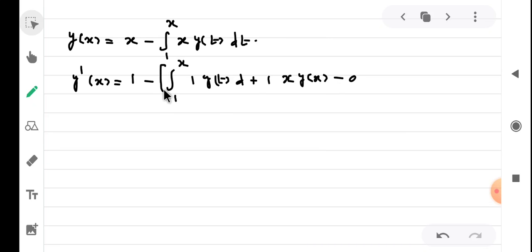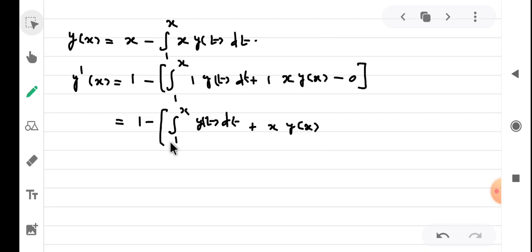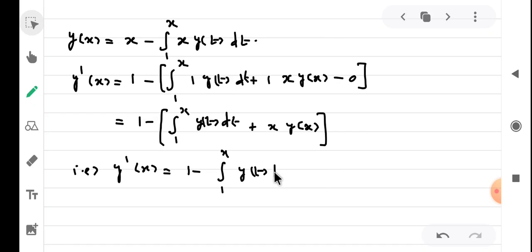Here minus is common to all, so it will become 1 minus integral 1 to x of y of t into dt, plus x into y of x. So this is your y dash of x, that is y dash of x is equal to 1 minus integral 1 to x of y of t into dt minus x into y of x.